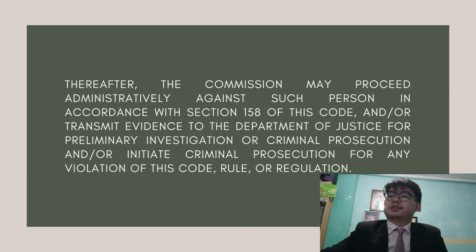After such investigation and issuance of the cease and desist order, if the SEC accumulates the proper evidences, they may litigate administratively, which is covered in a later section, and/or if they have deemed a corporation to be criminally liable, they will pass the evidences to the Department of Justice, or DOJ, since this is not within the jurisdiction of the SEC. In other words, a corporation will be charged administratively or criminally, or even both.